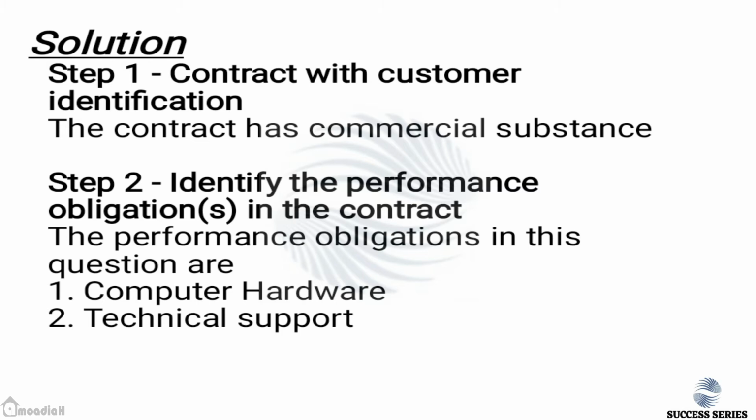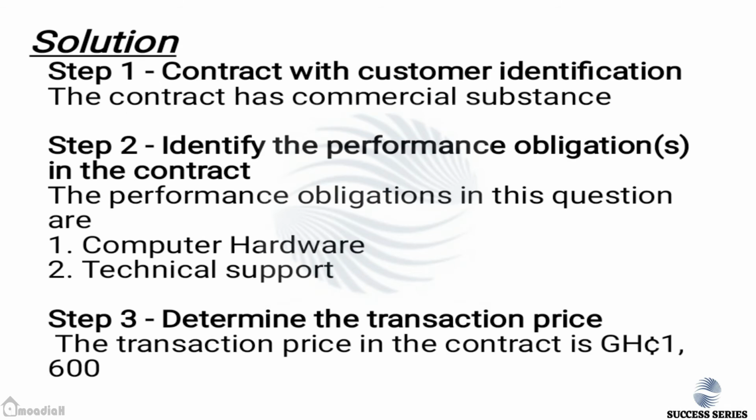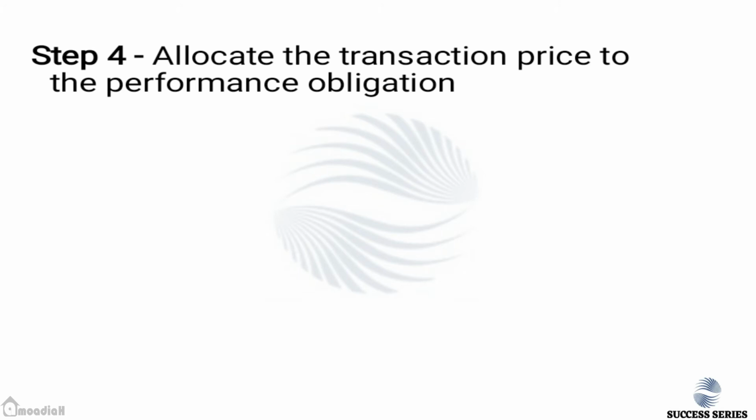Here the performance obligation is the computer hardware in addition to the technical support they provide. Step 3 is to determine the transaction price in the contract. The transaction price in the contract was stated at 1,600 Ghana cedi.